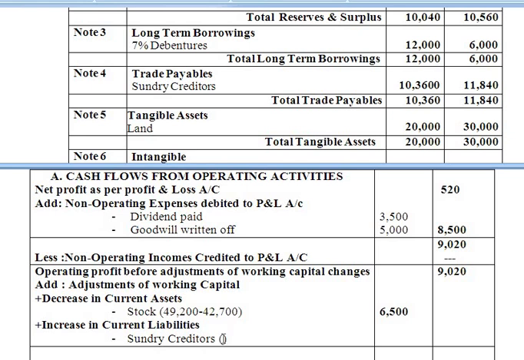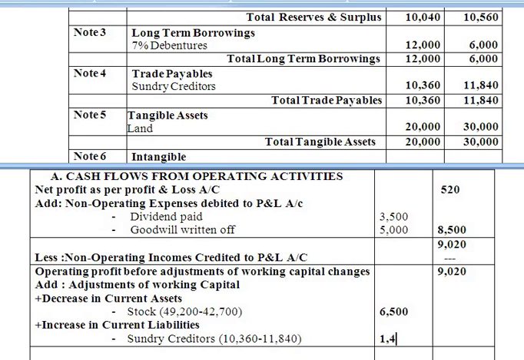See here, 10,360 minus 11,840. The amount is 1,480.